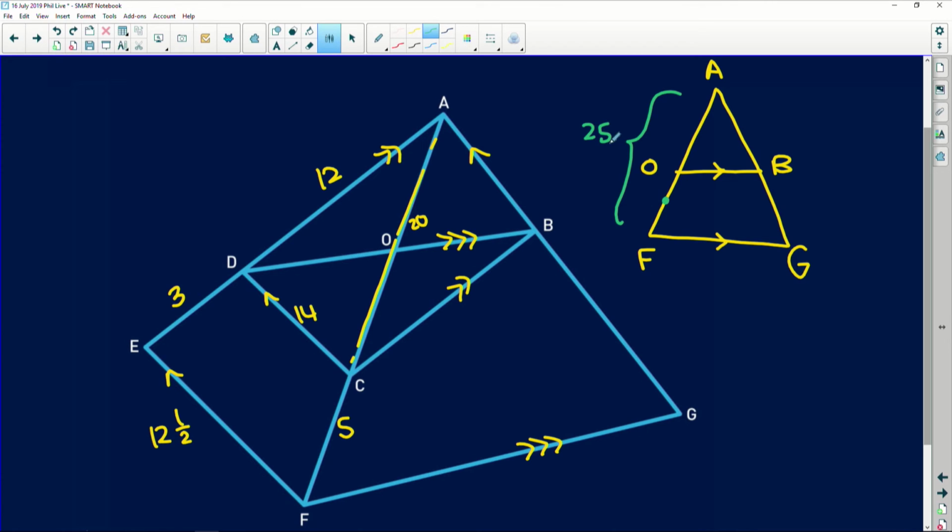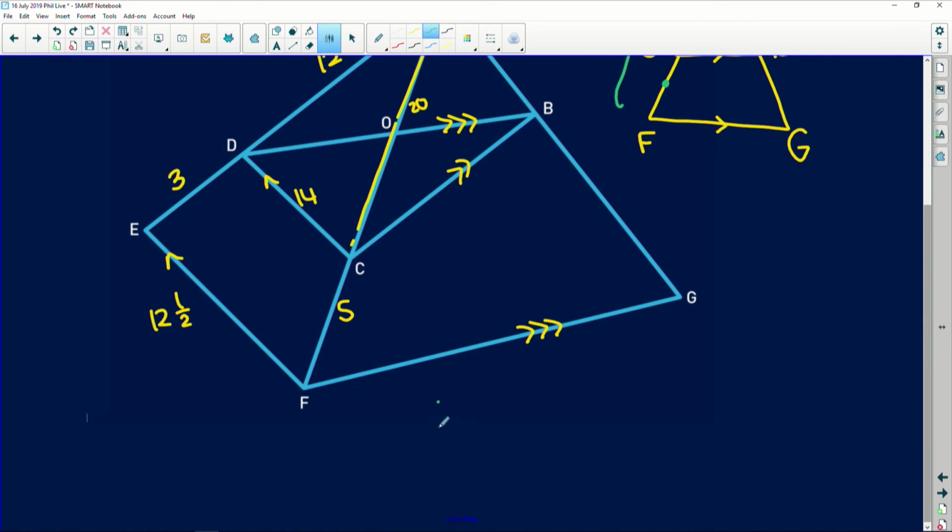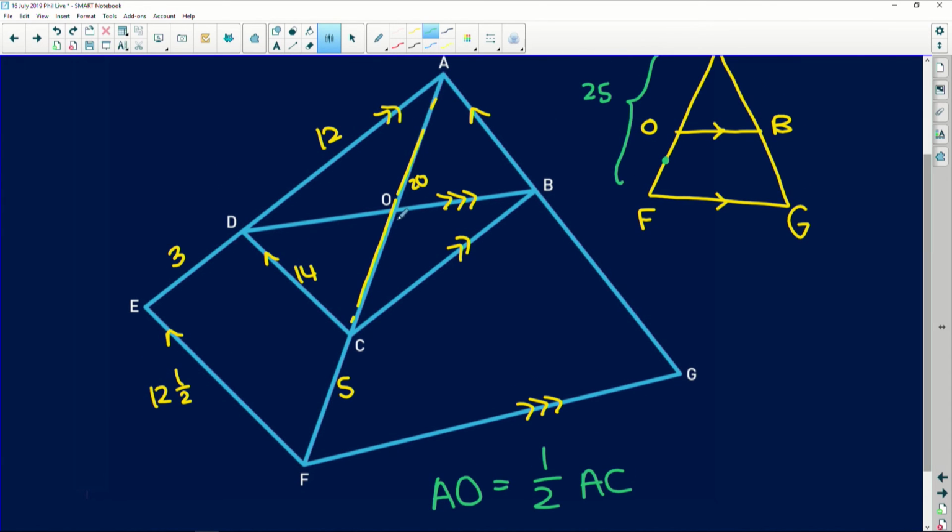Also, we know that these are diagonals of this parallelogram. Okay. So if we can find lengths using the diagonals, we can start putting in our lengths on our triangle here because we're trying to find BG. So how do we find AO? Well, firstly, we know that AO is equal to a half of AC. AO here is equal to a half of this whole diagonal. Why?